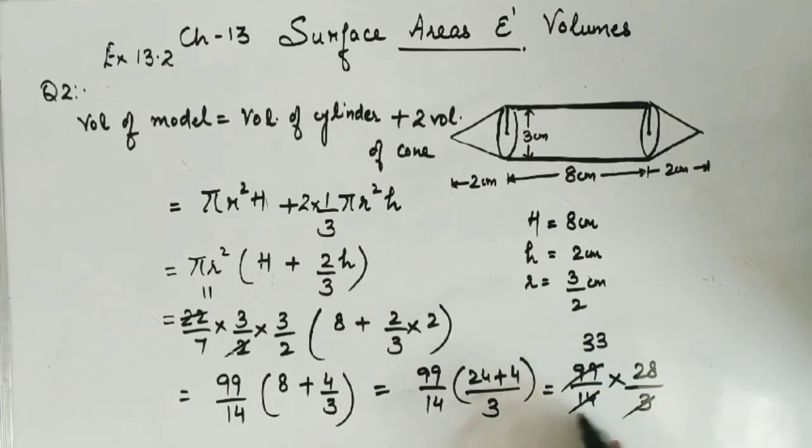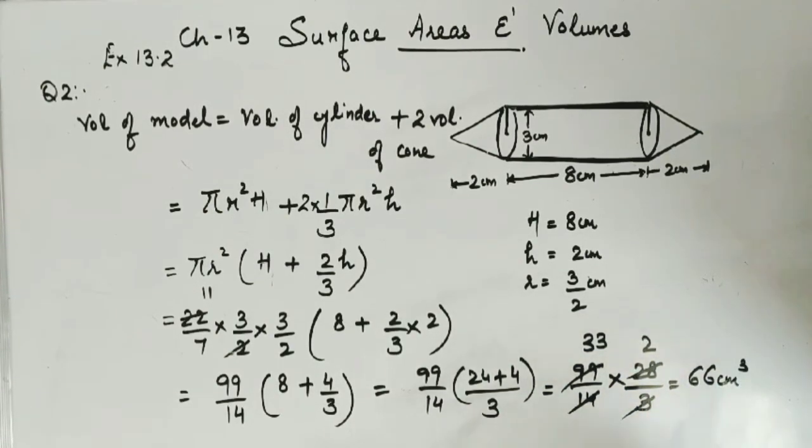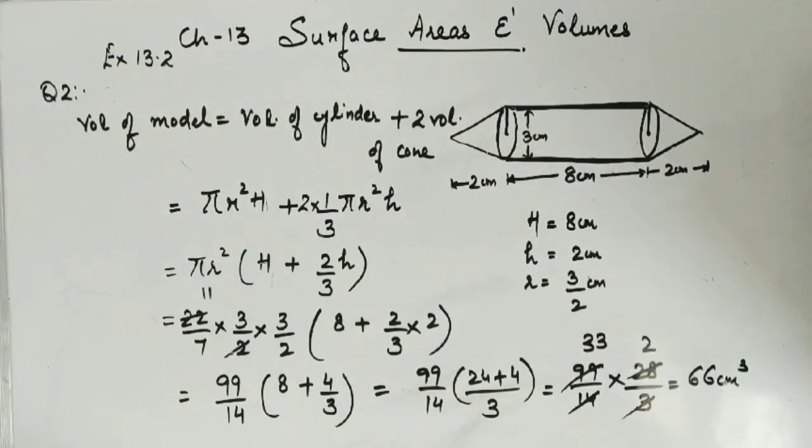Cancel this, so 66 cubic centimeters. The volume of this complete model would be 66 cubic centimeters. So 66 cubic centimeter of air can be contained in this model.